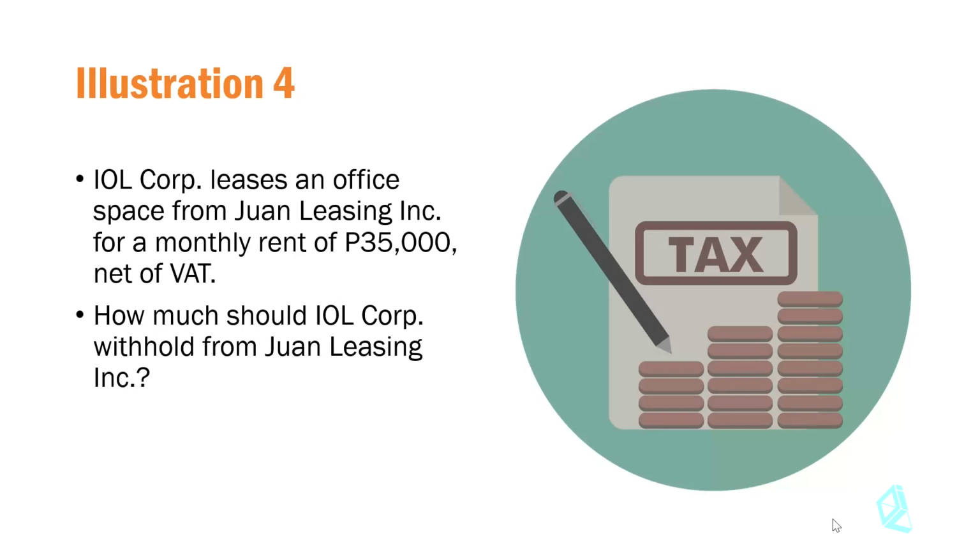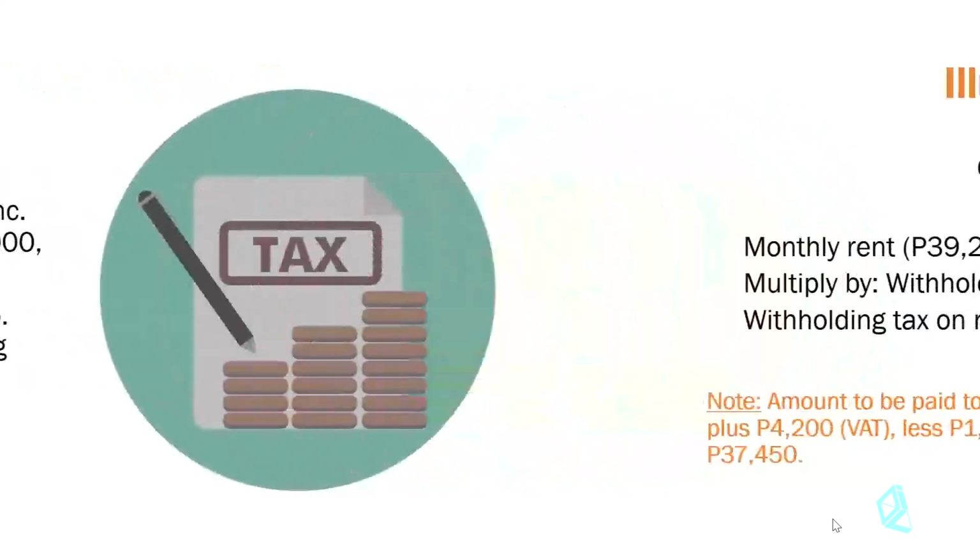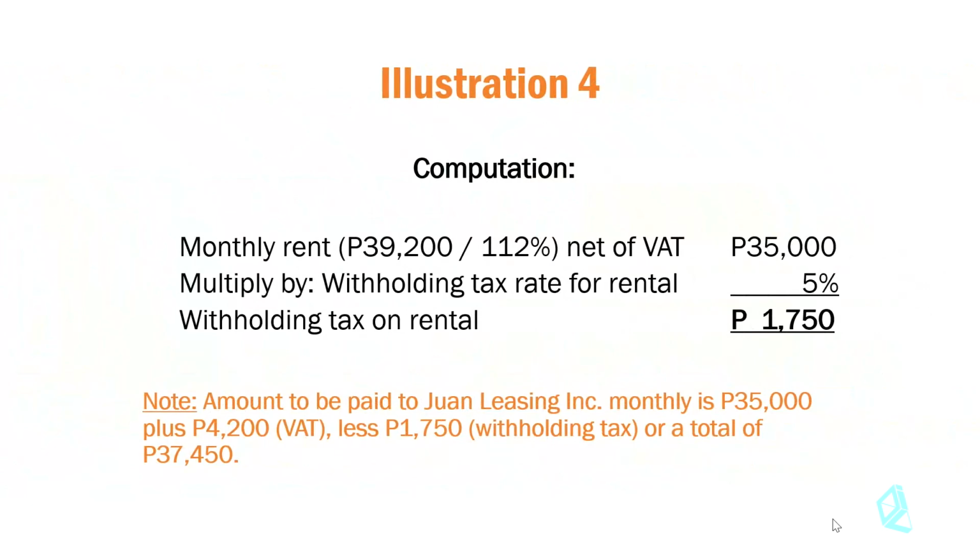So let's look into the computation. Now, you might have noticed that the 35,000 pesos is net of VAT. However, often the lessor will impose on you a VAT. Not just often. They should impose VAT on your basic rental.